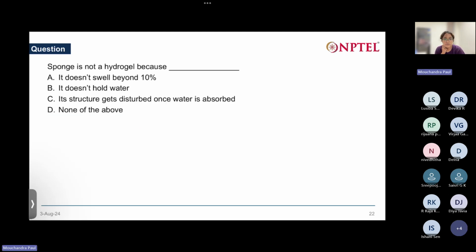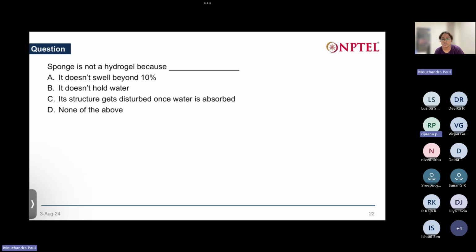Now this is the next question. Sponge is not a hydrogel because you know sponge, right? That we generally use in our homes to maybe clean our dishes.